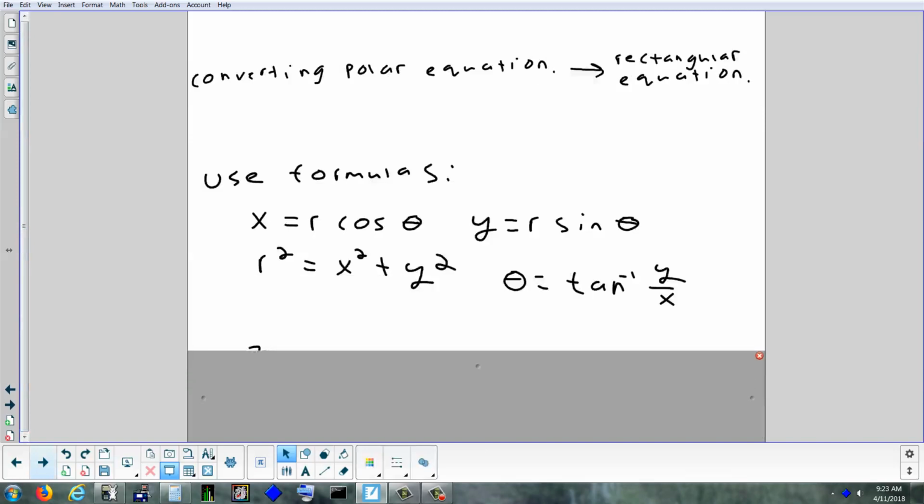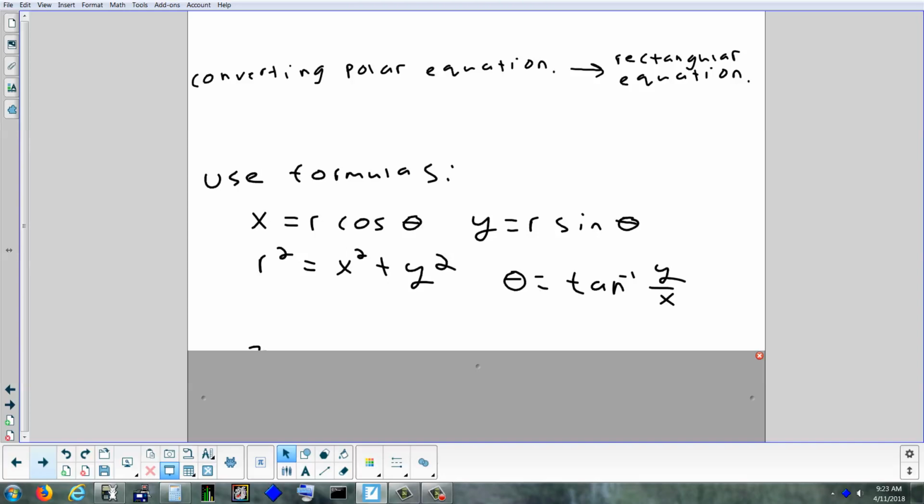If you've got an r squared and you want to get rid of it, you can do an x squared plus y squared. If you have an r and a theta and it has a cosine, we can change it to an x. So we've got formulas here that can relate x's and y's to r's and thetas.